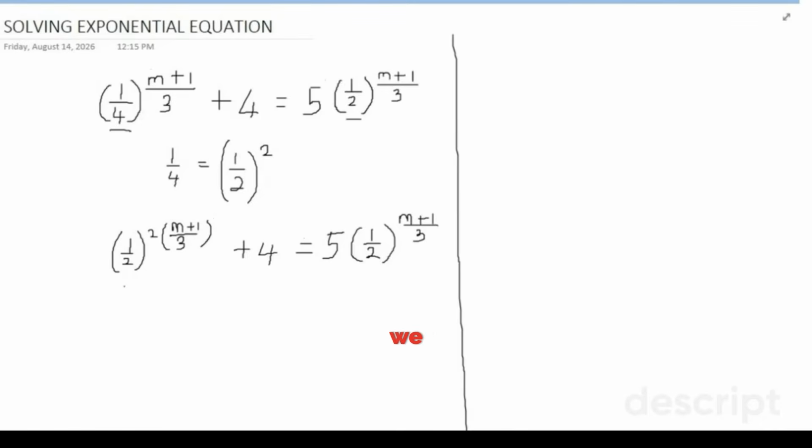Now, next we swap powers of these exponents that we have here.